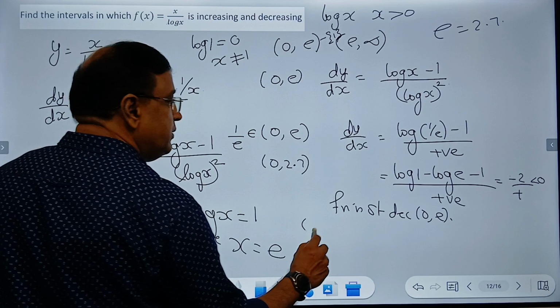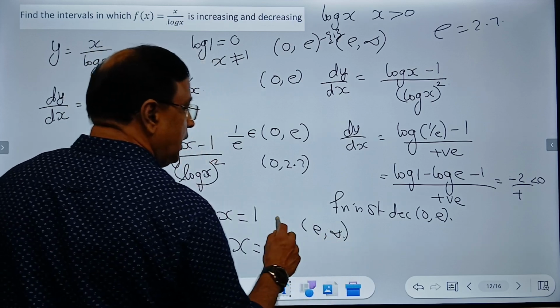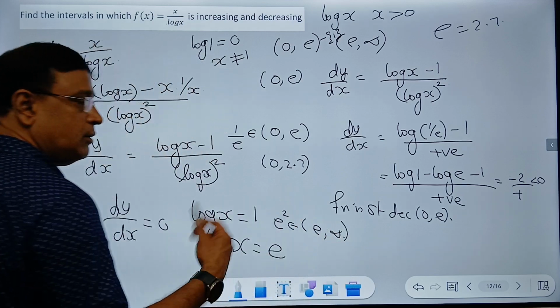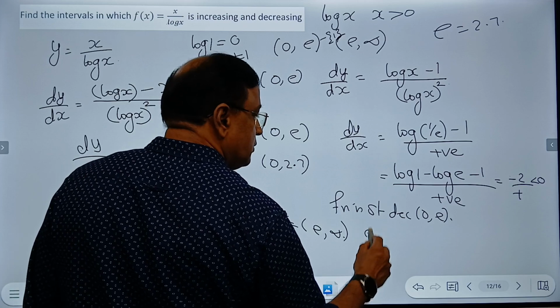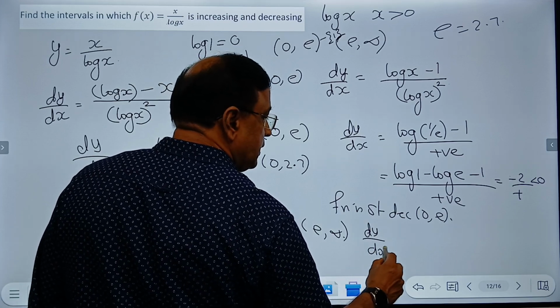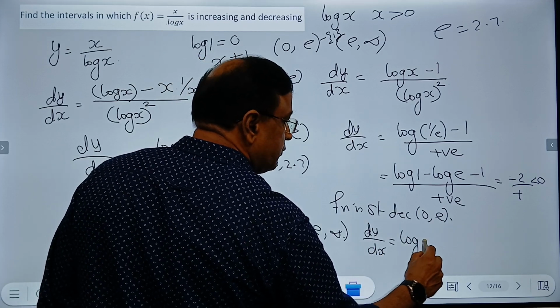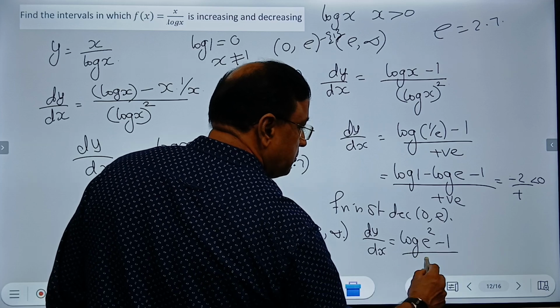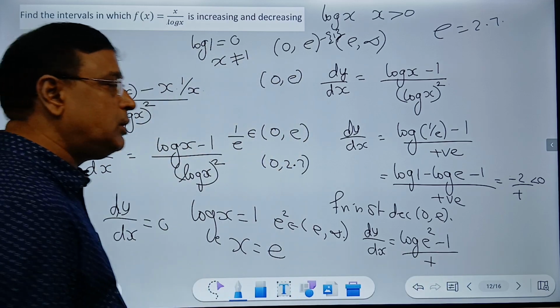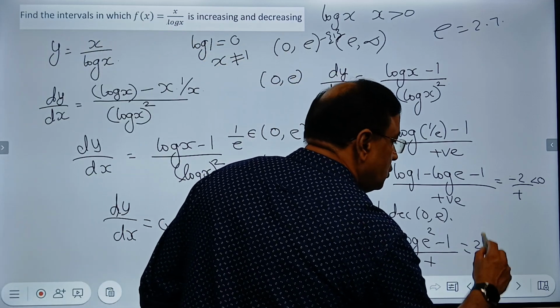Now, choose a number between e and infinity. I'll choose e square. Okay, e square will be beyond this. So, what is dy by dx? Dy by dx will be log of e square minus 1 by positive. But log of e square is nothing but 2 log e.